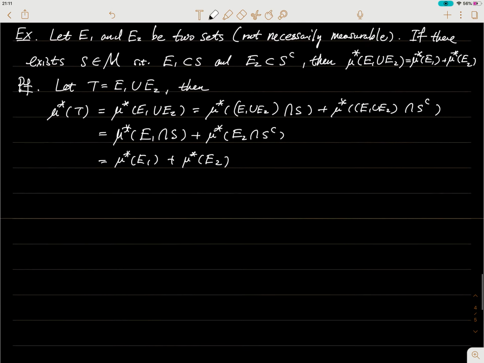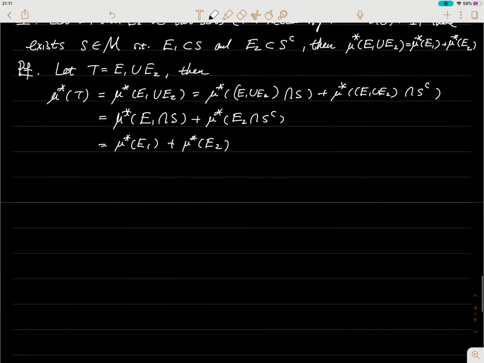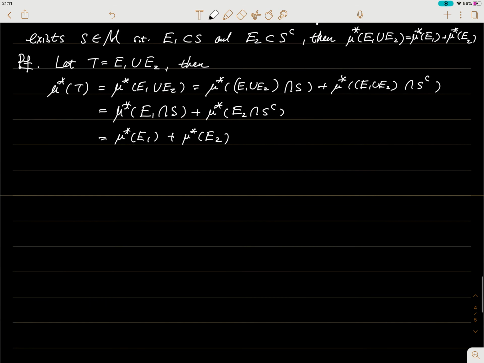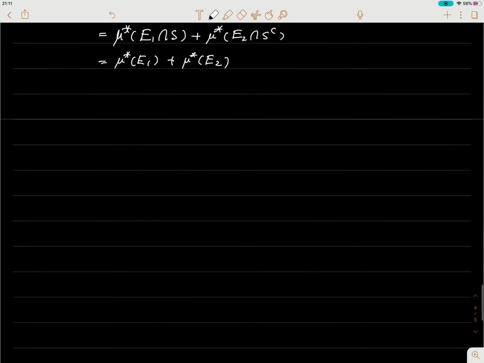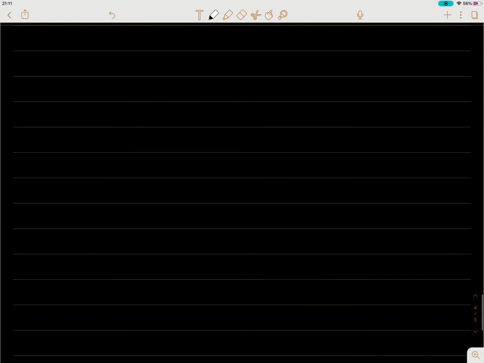Okay, so next let's study several properties of the measurable sets. The first property is that the empty set must be measurable.